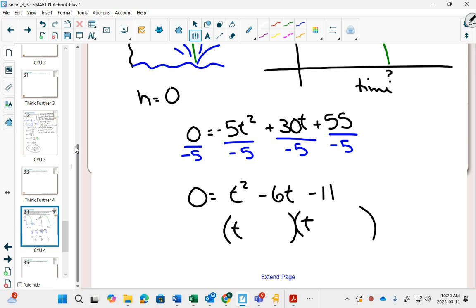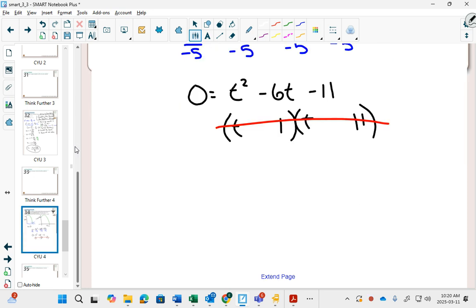And to get an 11, the only whole numbers that give me 11 are 1 and 11. Can you check that your outside and inside never would make 6? Could you do that just in your head, or would you need to write it on the side? Eventually, you'd want to be able to do this in your head to be like, I can't factor. So what is my other way of solving? I need to complete the square.